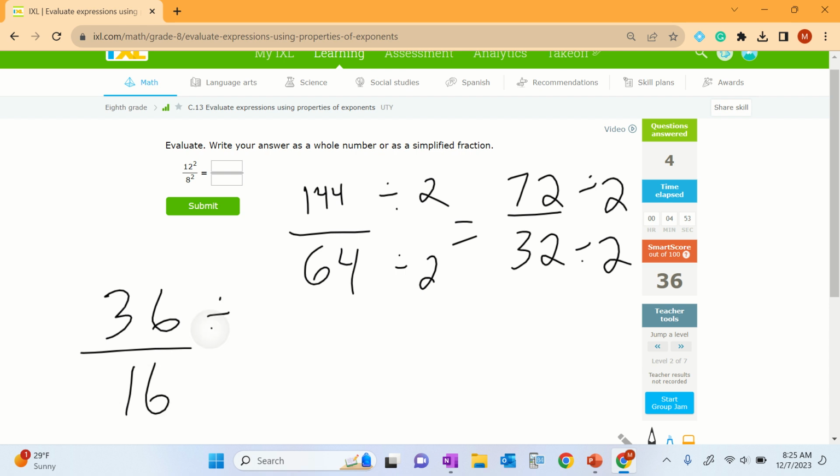I can divide both these by 4, right? 36 divided by 4, we get 9. 16 divided by 4, we get 4. And there you go. We got a simplified fraction there. It's 9 fourths.